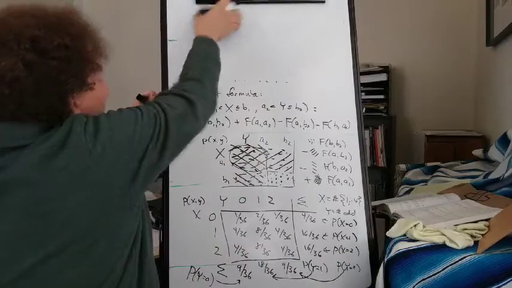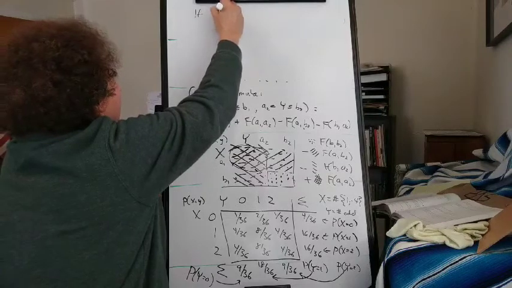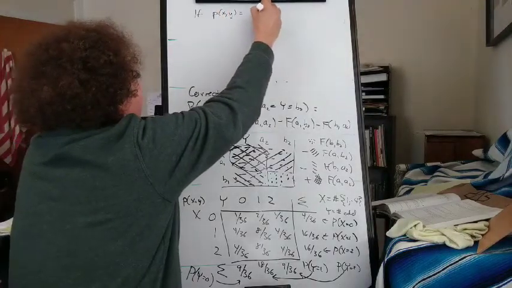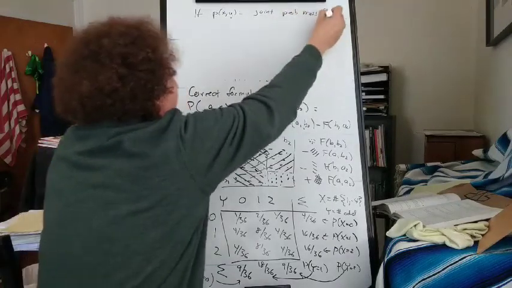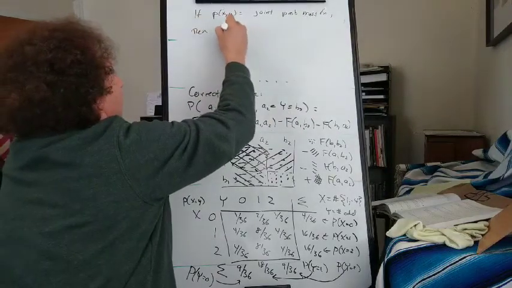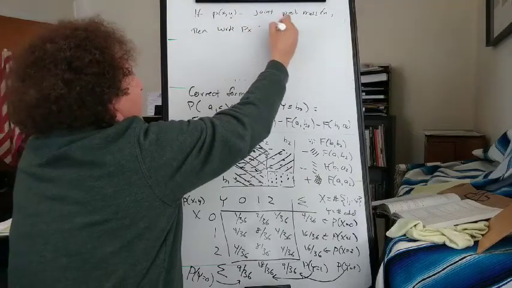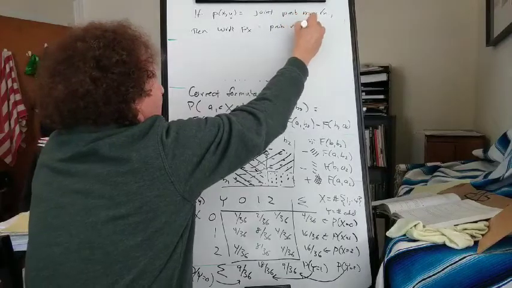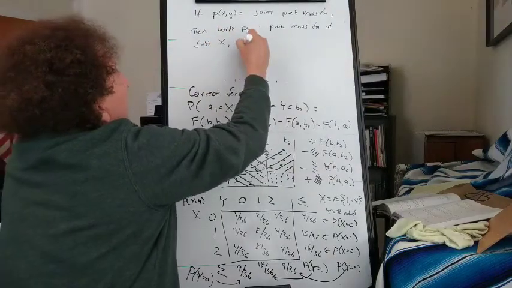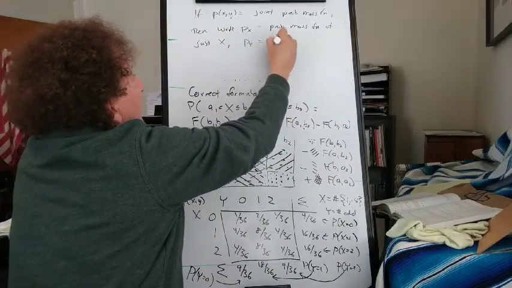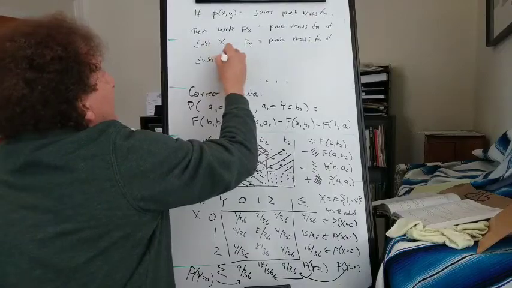So if we're using little p for the joint probability mass function, we can write p sub capital X for the probability mass function of just x, and little p sub capital Y for the probability mass function of just y.